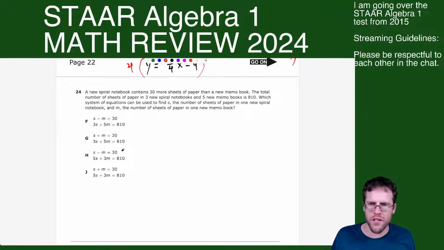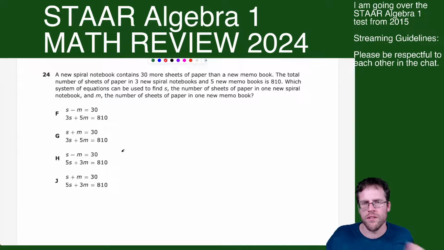All right, so word problem here. So we have a spiral notebook, and it contains 30 more sheets of paper than a new memo book. So we have spiral and memo. So yeah, S is for spiral, and M is for the memo book. So at least they did that for us.